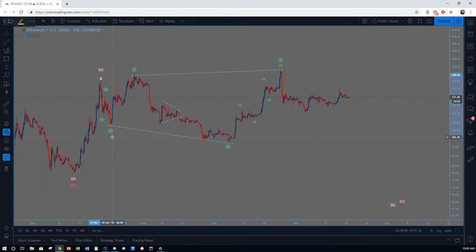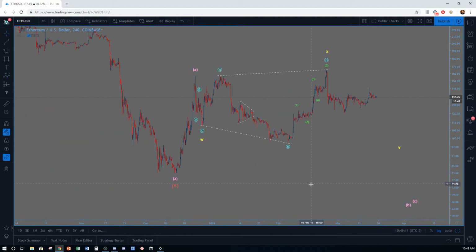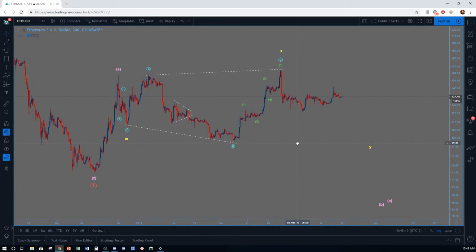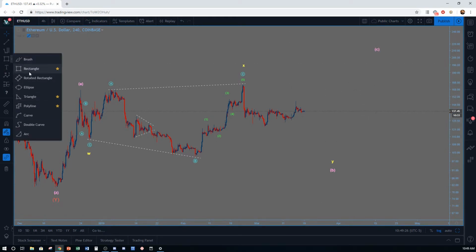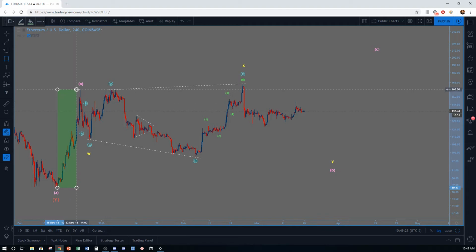So could this be a W wave here, with this large flat being an X, and then we're looking for a Y, A, B, C. This becomes my primary count, just like this, which would then make this large section here our B wave, A, B, and then a C up. For the C up, we're looking for something like this.